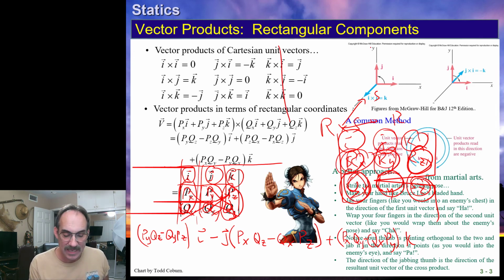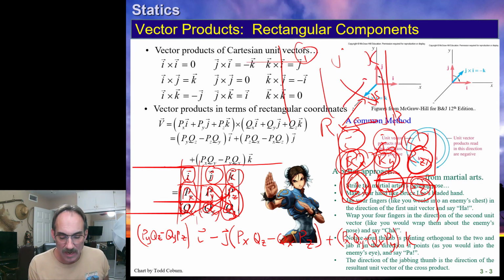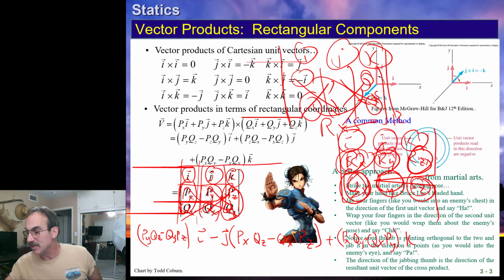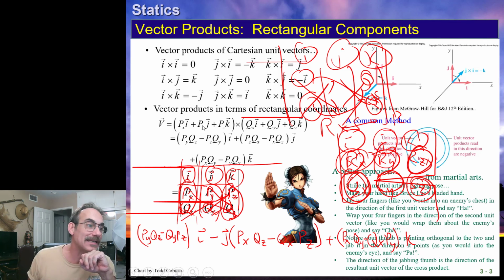So we see we set up i, j, k. This guy is multiplied by this operation. The last guy is multiplied by this operation. And the middle guy is operated by that operation. Okay? That's how you do it. Make sure you practice this enough to nail it.